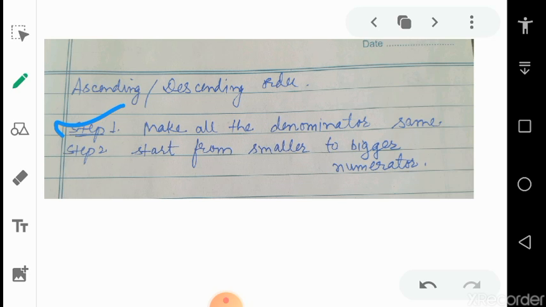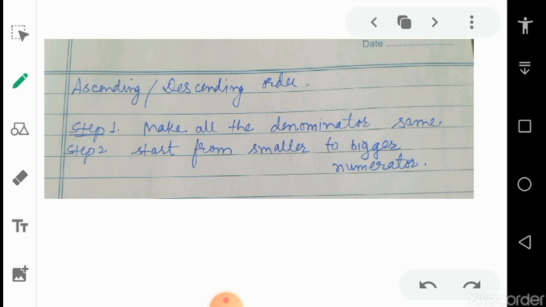It means again, smaller numerator means smaller fraction, bigger numerator means bigger fraction, and we use some mathematical operators to write the ascending and descending, which are also called signs. There are 2 signs. This one is for bigger than, this one is for less than. So both are used.